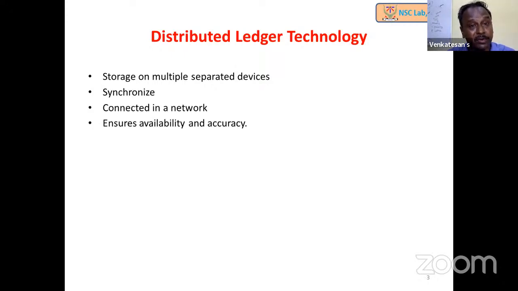And we have to ensure it gets synchronized. Otherwise, we will be getting anomalies like insertion and updation anomalies. And all these nodes or devices that perform the distributed operation should connect into a network and get synchronized so that we can ensure the availability as well as the accuracy.